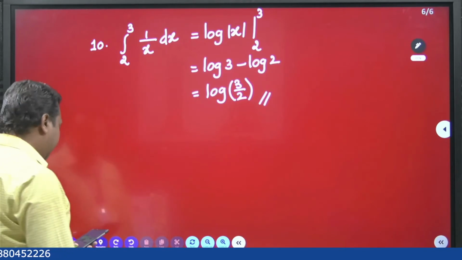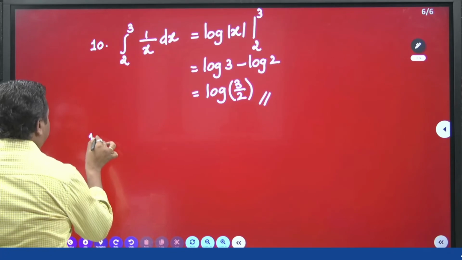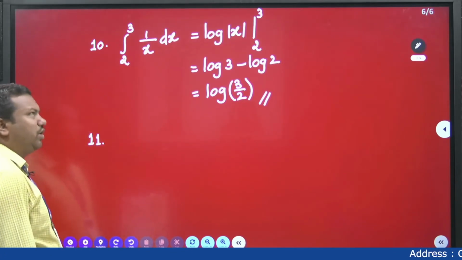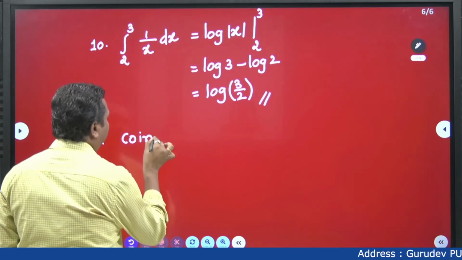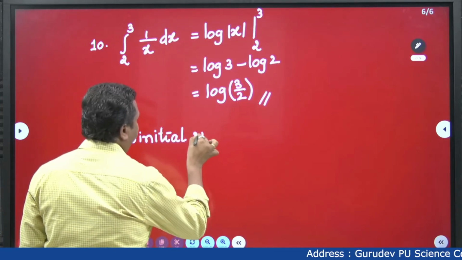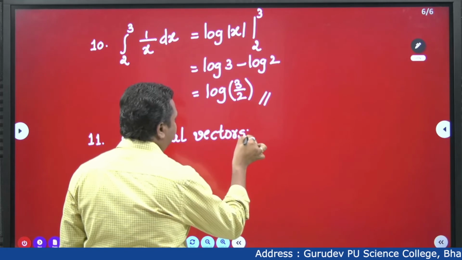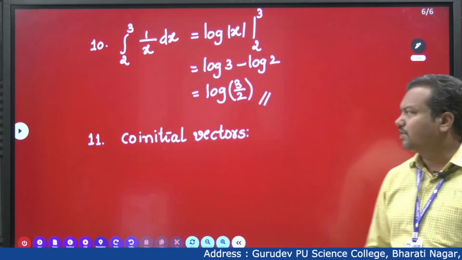Clear? Next. The 11th question is on vectors. Define co-initial vectors. So for which vectors do you call them co-initial vectors?